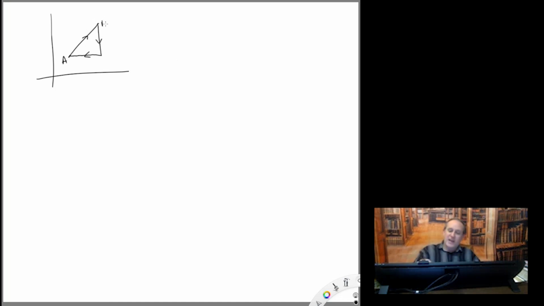So we have points A, B, and C, and we're going to start with 1 liter of gas at 1 atmosphere, and it's going to expand up to 3 liters with a pressure of 3 atmospheres, going from point A to point B, and then it's going to stay at constant volume, and the pressure is going to decrease down to 1 atmosphere, going from B to C. And then finally, keeping it at constant pressure, we kind of crank it back to 1 liter in volume.